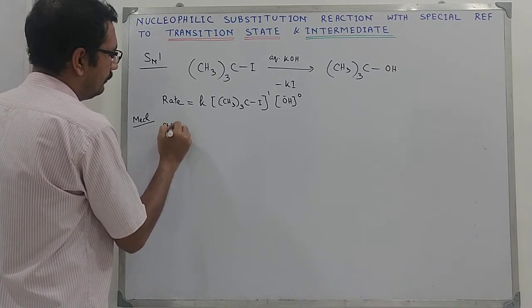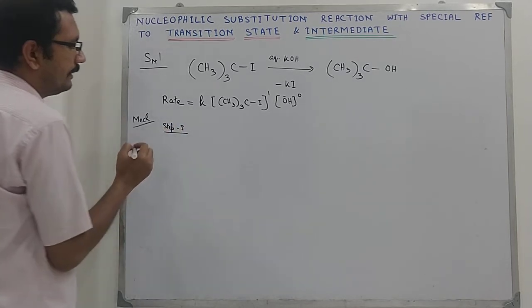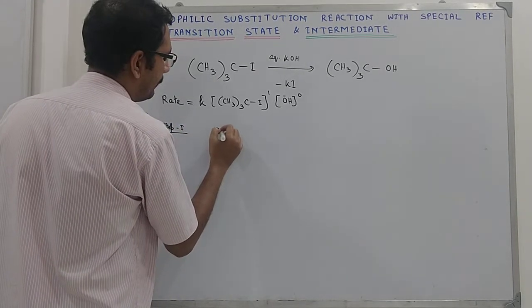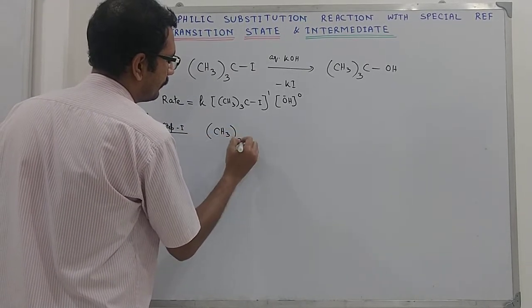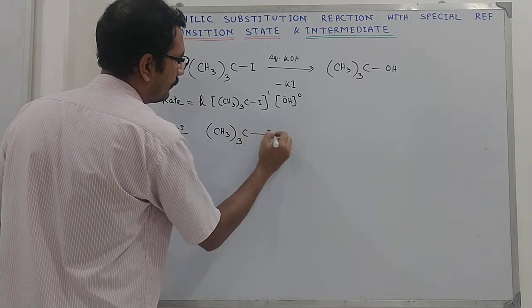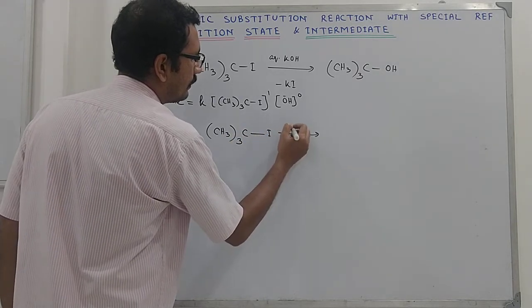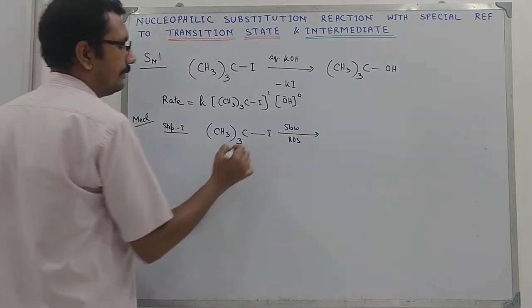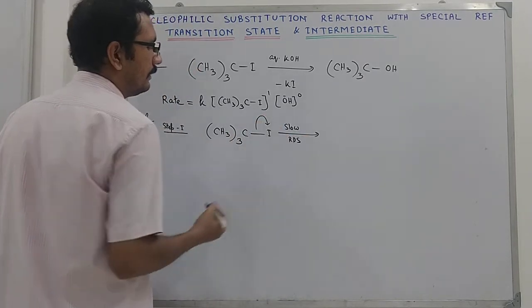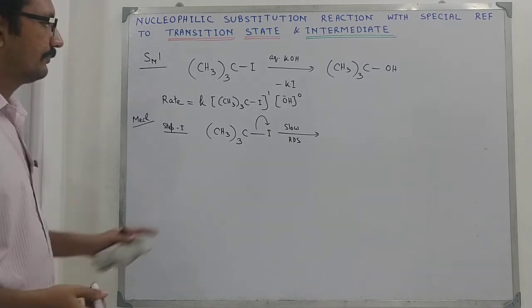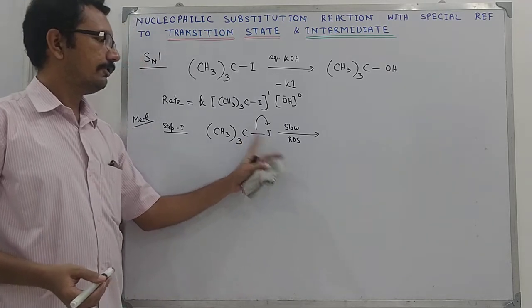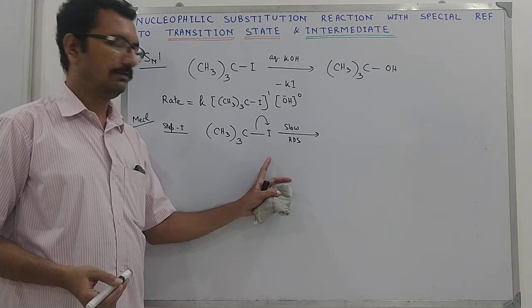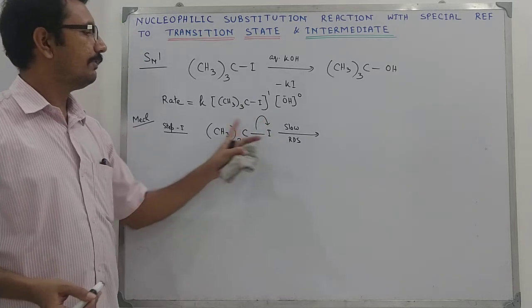Now step 1 is the rate determining step. That is the slow step, and in this rate determining step, this iodide has to dissociate of its own. No one is going to help this molecule.